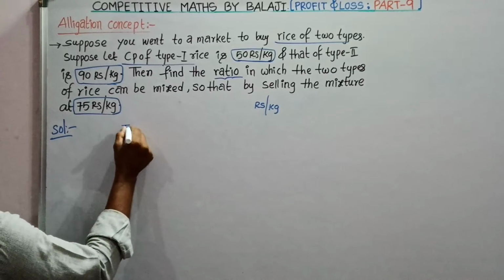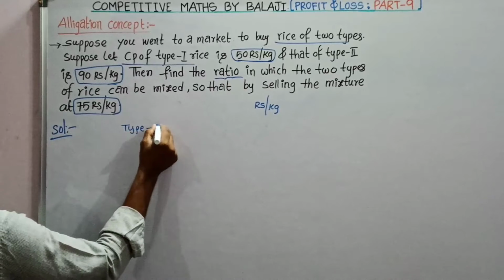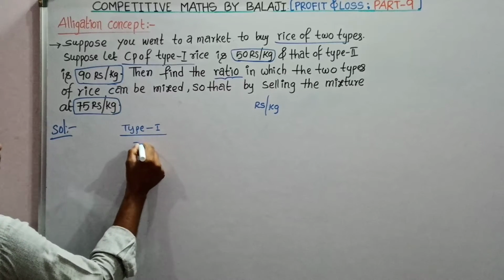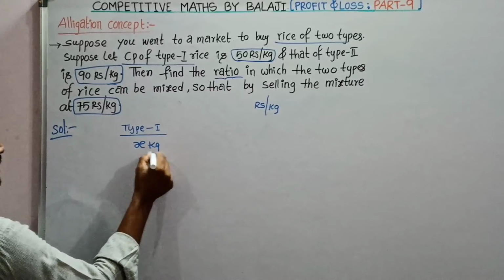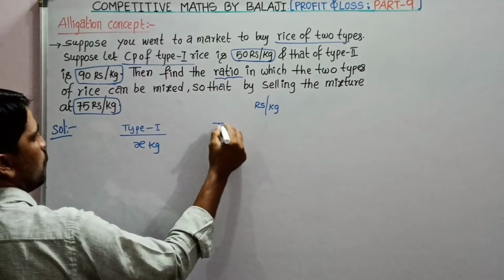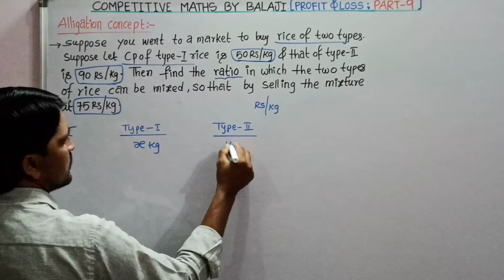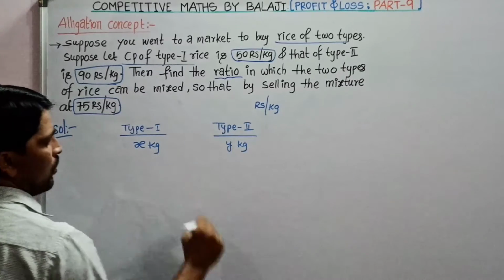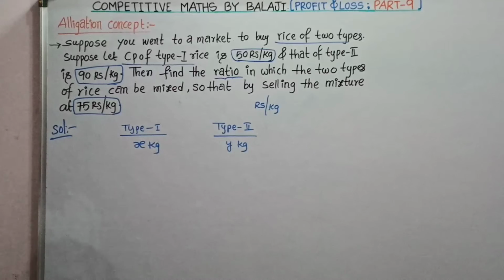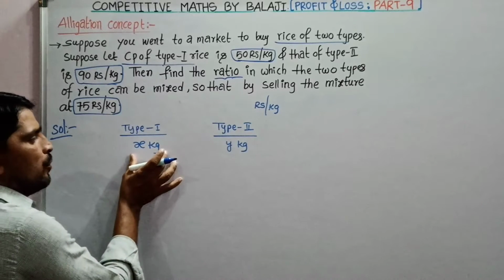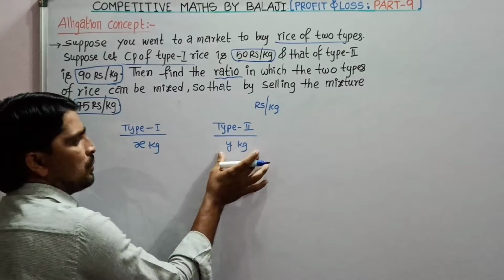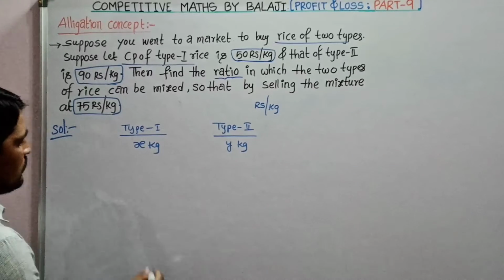Suppose we bought type 1 rice. The quantity of type 1 rice is x kgs and the quantity of type 2 rice is y kgs.